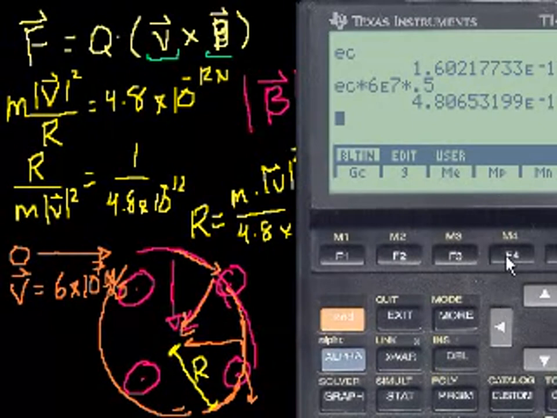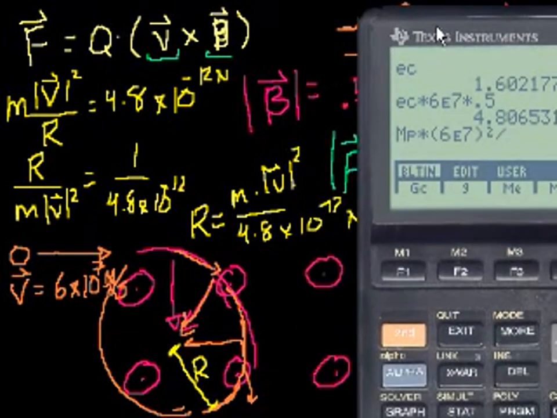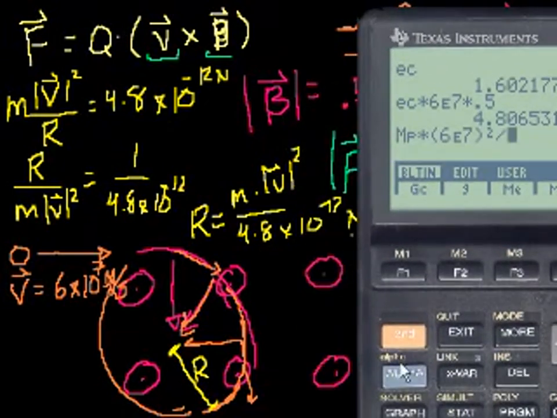So mass of a proton, that's what we care about, times the magnitude of the velocity squared. What was the velocity? It was 6 times 10 to the 7th meters per second. So times 6 times 10 to the 7th meters per second squared, right? Because I have to take the square, and then all of that divided by the magnitude of the centripetal force, which is the force that's being generated by the magnetic field.